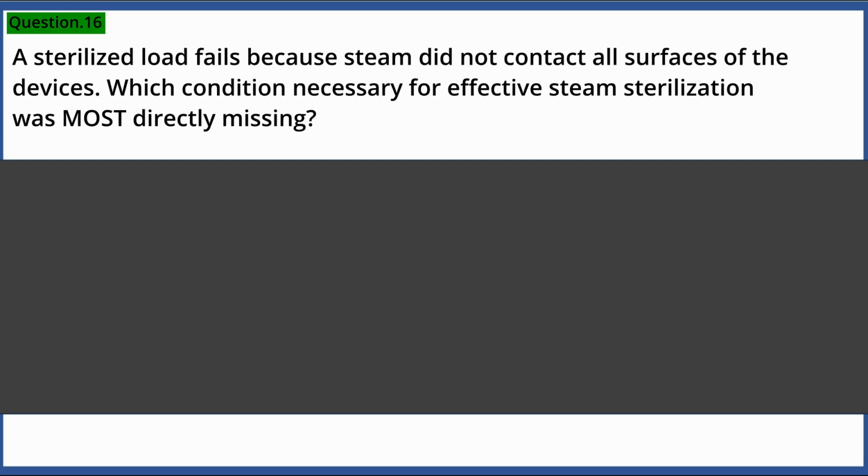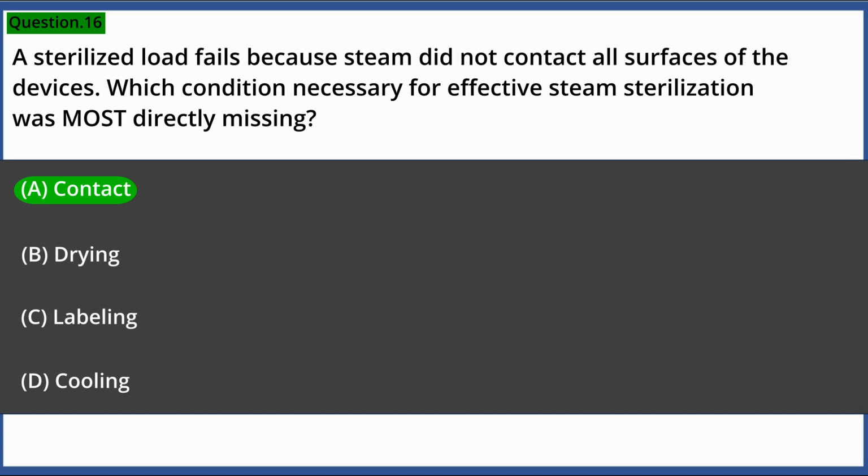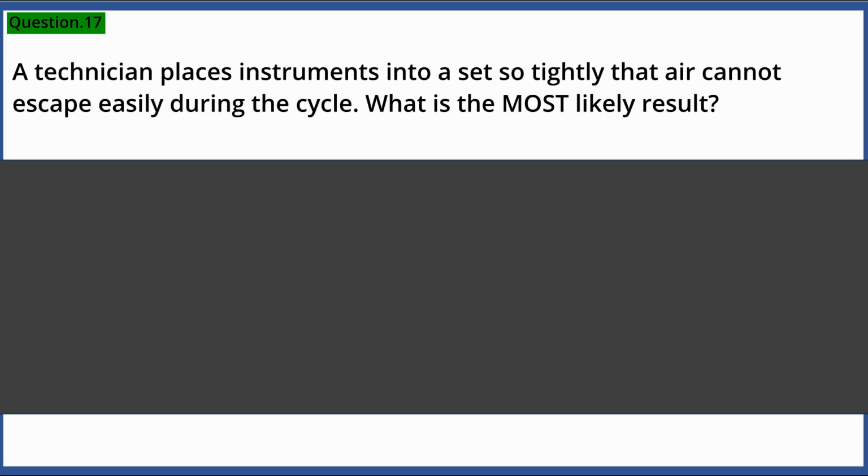A sterilized load fails because steam did not contact all surfaces of the devices. Which condition necessary for effective steam sterilization was most directly missing? A. Contact. B. Drying. C. Labeling. D. Cooling. Answer: A. Contact. A technician places instruments into a set so tightly that air cannot escape easily during the cycle.